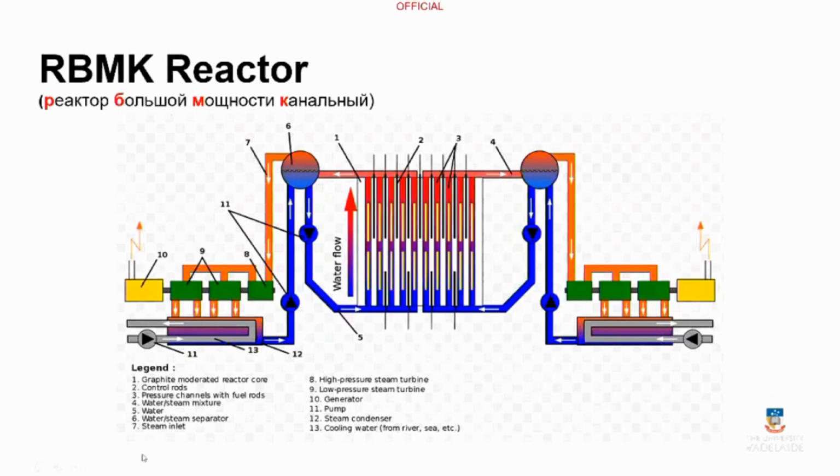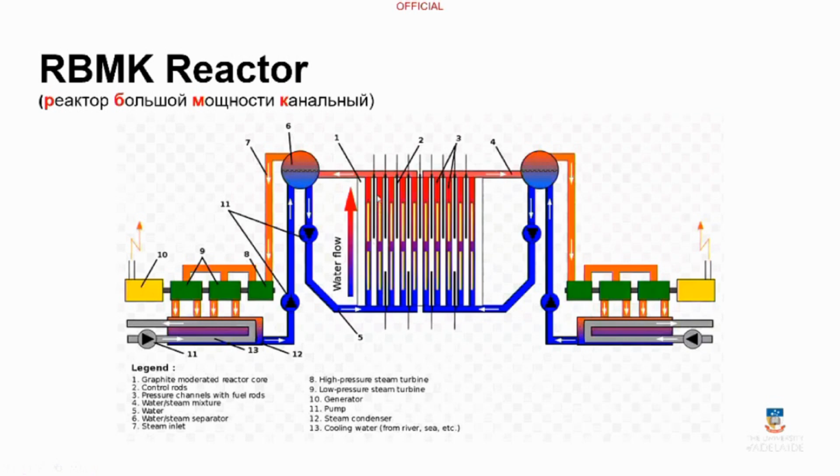This is a cross-section of the RBMK reactor, where this light grey represents the graphite. So once the reactor becomes critical and the neutrons start to be generated, this graphite surrounds these fuel rods.